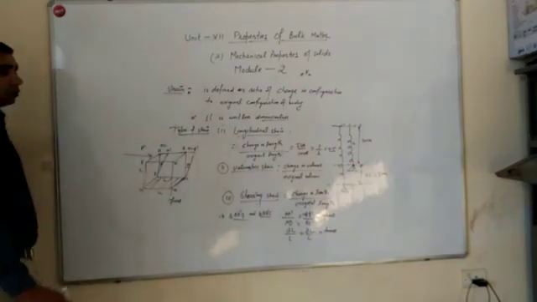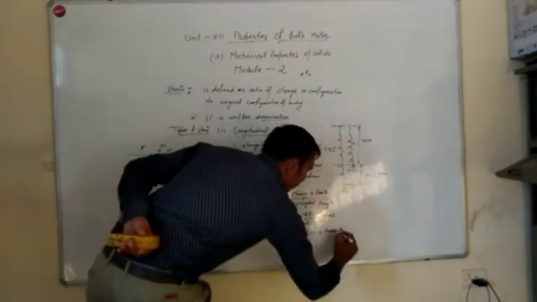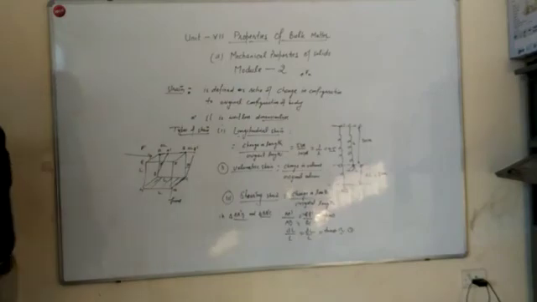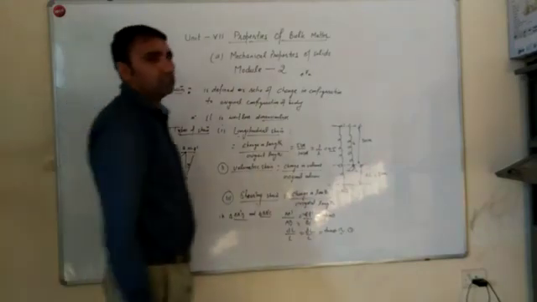If theta is very small, then this can be written as theta, which is equal to the shearing strain: change in length upon original length.